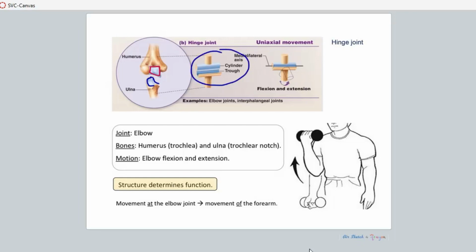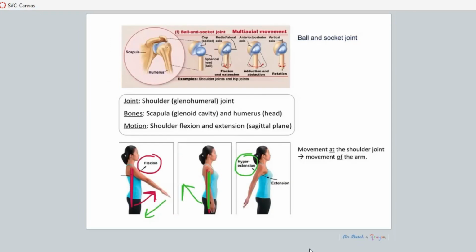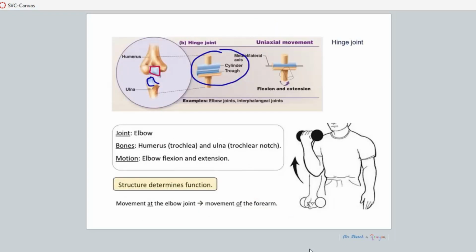I should go back. The ball and socket joint allows for multi-axial movement. It allows for all of these different types of movements, as we'll see. But the hinge joint allows for movement in one direction, and specifically, it allows for flexion and extension.